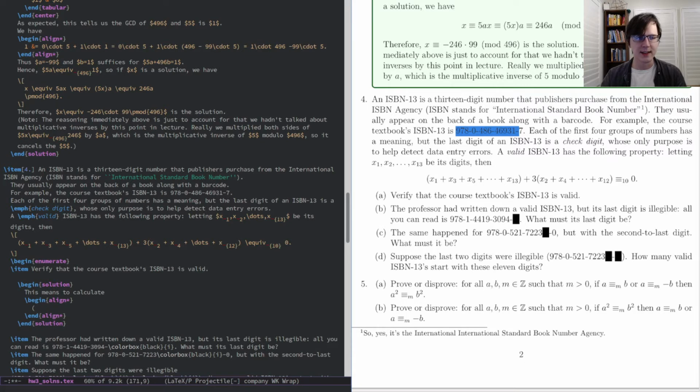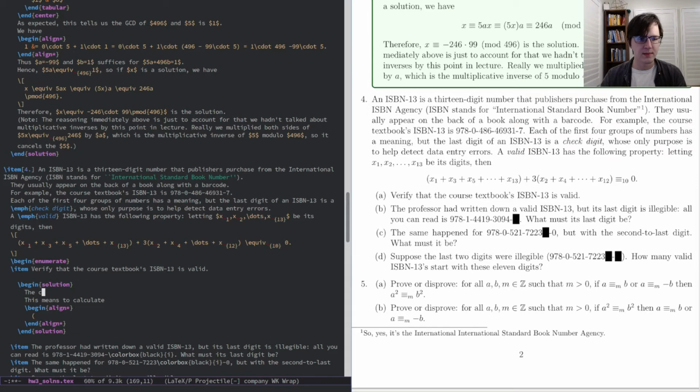So we want every other digit. Let's see, I'm just going to copy this down. Oh, and it's an ISBN 13 because there's also, I think, ISBN 10. I actually forget. It actually says most books have both. Yeah, it's an ISBN 10.